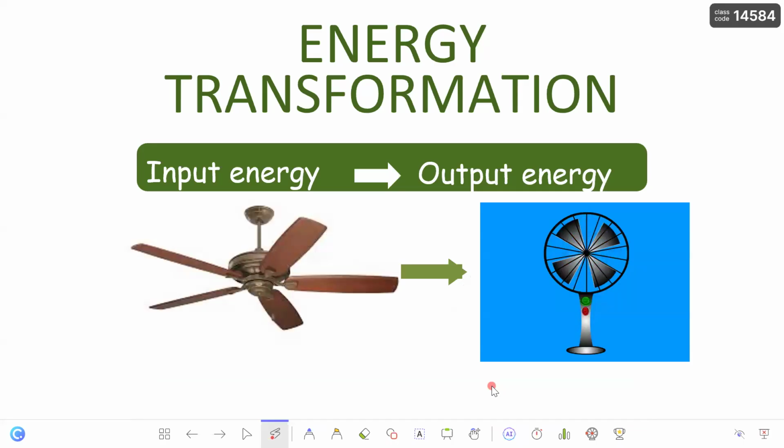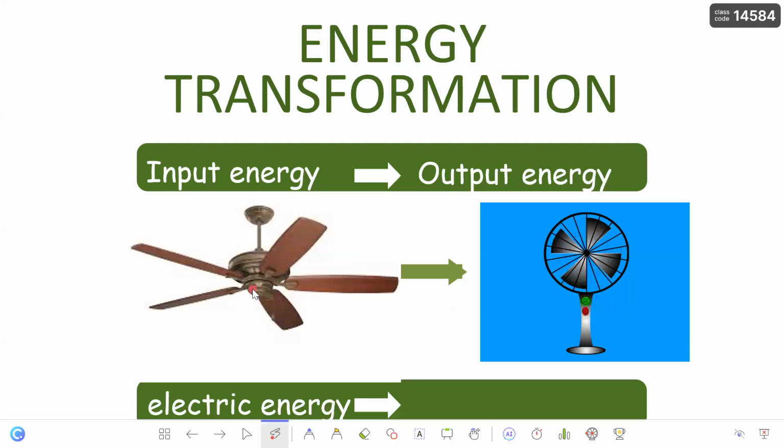Now, another example, as you notice here, the fan, when it needs to work, I need the electric energy. When it works, it starts to move. The energy of motion is called what? The kinetic energy.